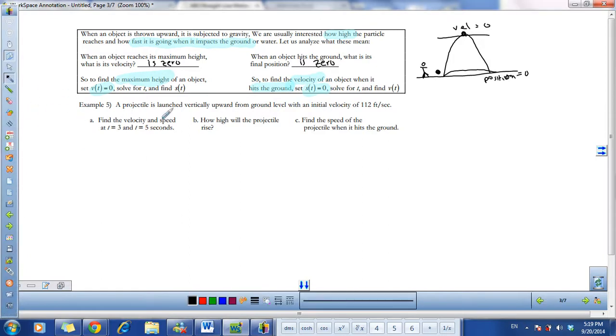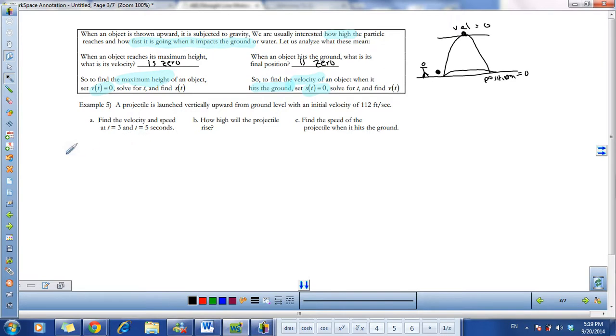Example 5: a projectile is launched upward from the ground level with an initial velocity of 112 feet per second. Find the velocity and speed at t equals 3 and t equals 5.